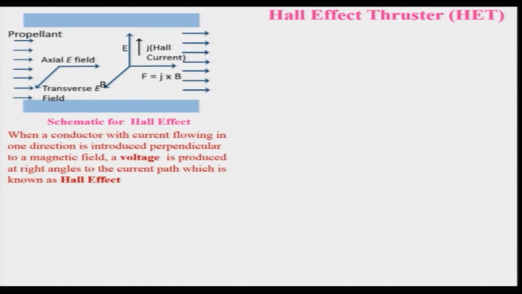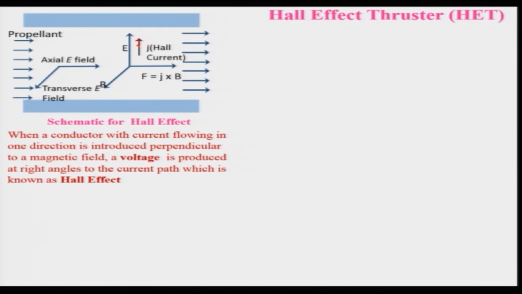That means, in other words, when a conductor with a current flowing in one direction is introduced perpendicular to the magnetic field, like the current is passing through this, right, and then this is your perpendicular magnetic field, a voltage is produced at a right angle to the current path, which is known as the Hall effect.